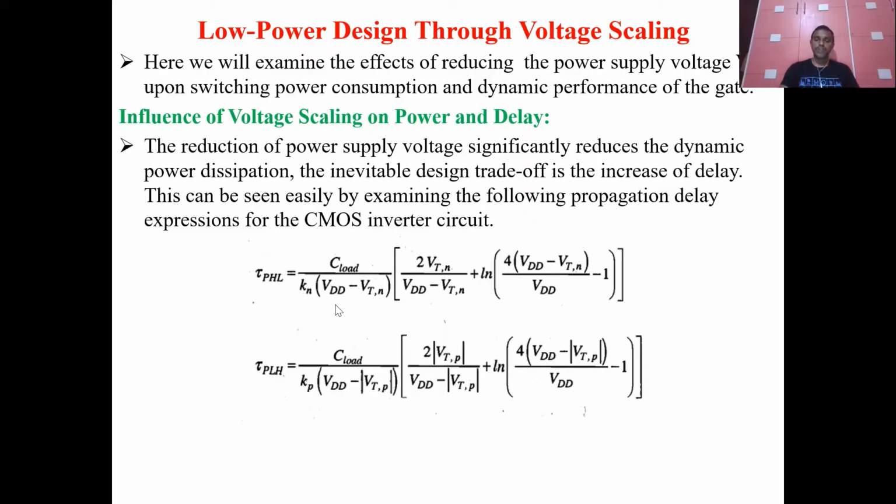As the denominator decreases, the ratio increases, so the propagation delay increases as we decrease the power supply. That is the limitation we have here.